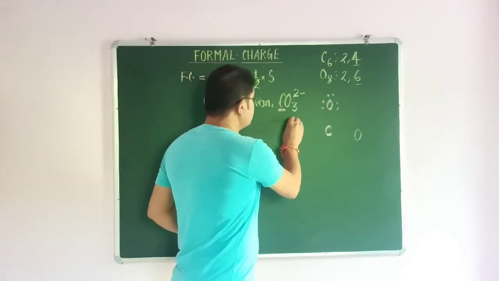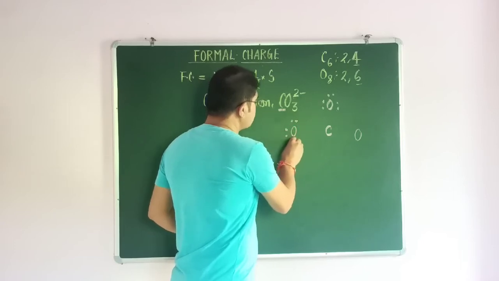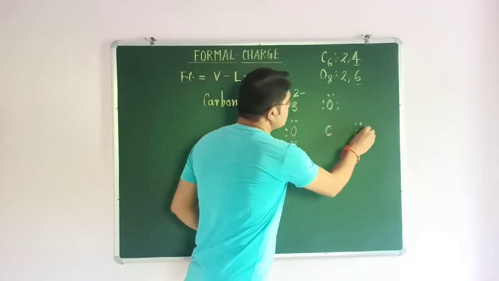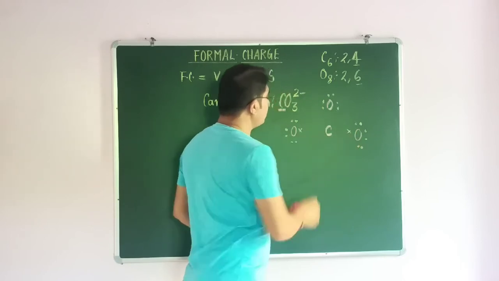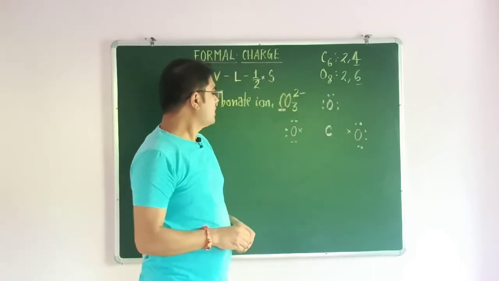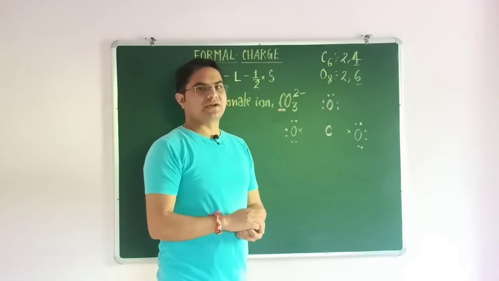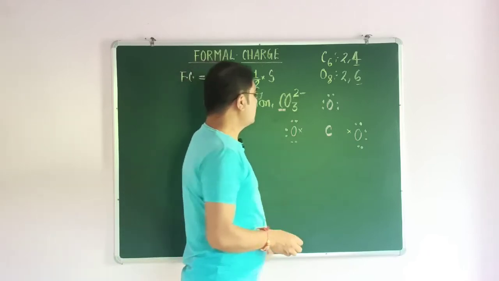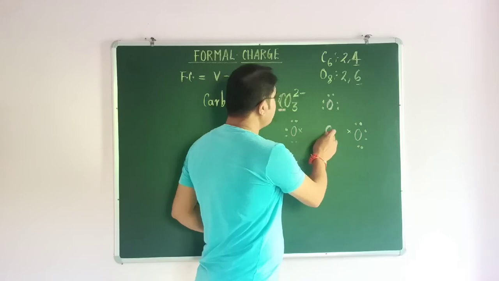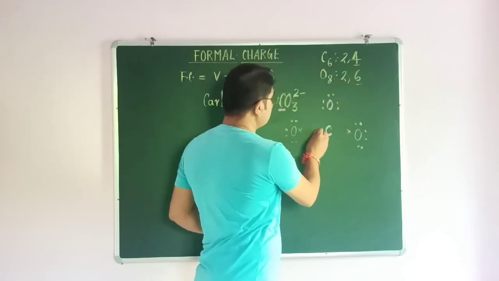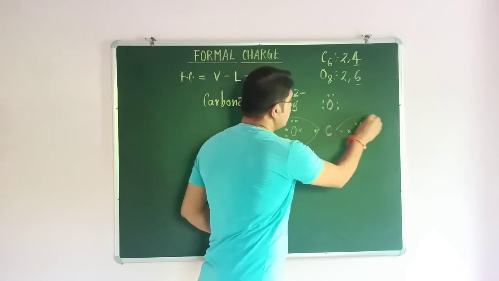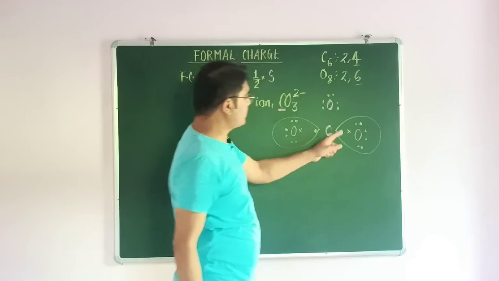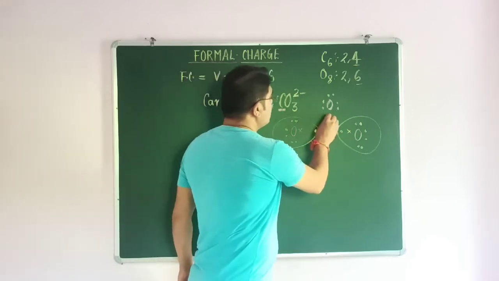So already these 2 oxygen atoms have 6 electrons, but 1 extra electron we simply add, so that these oxygen atoms now have 7 electrons. In carbon atom we have 4 valence electrons. This carbon atom is donating 1 electron to this oxygen atom to complete its octet. Similarly, the second oxygen atom accepts 1 electron from carbon.